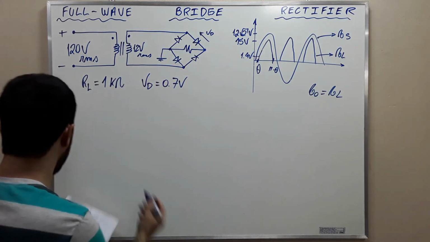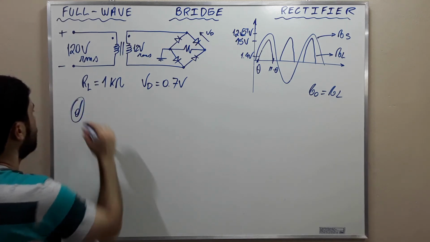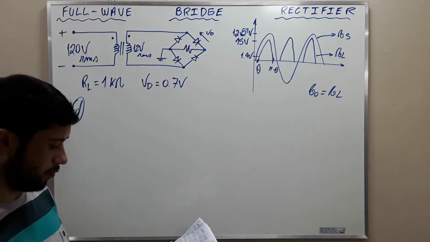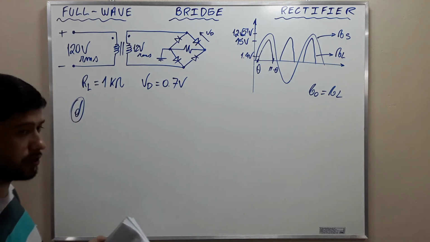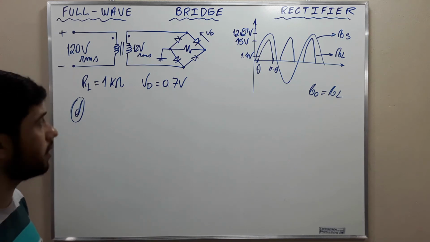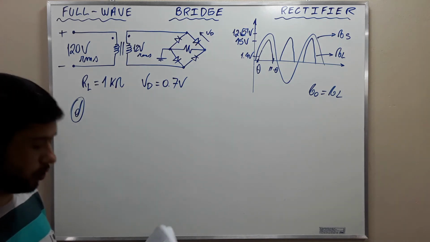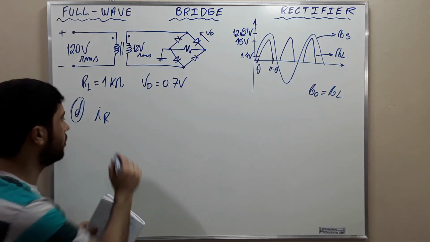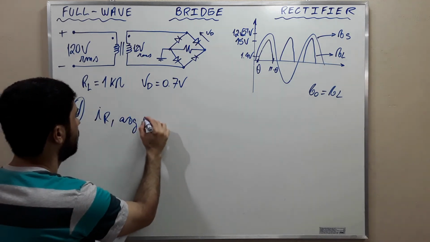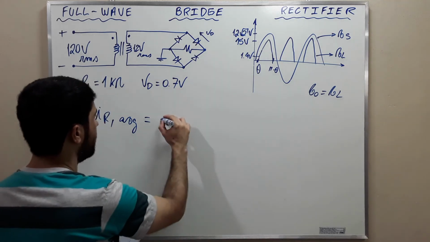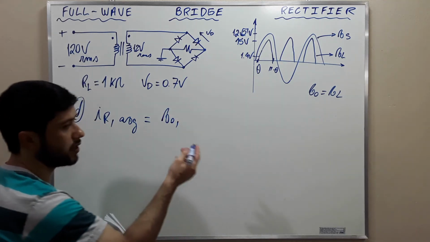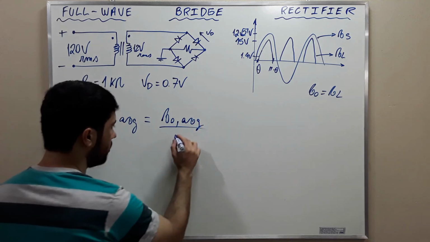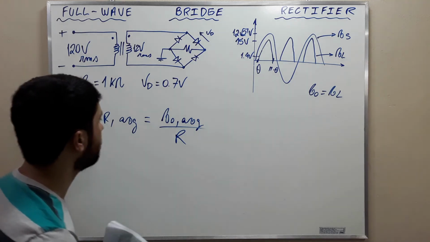Letter D, let's go. What does letter D want? The average current through the load. The average current through the load is easy once you calculate the average output voltage. The average current delivered to the load is going to be the value that we just calculated for the output voltage divided by the load resistor.